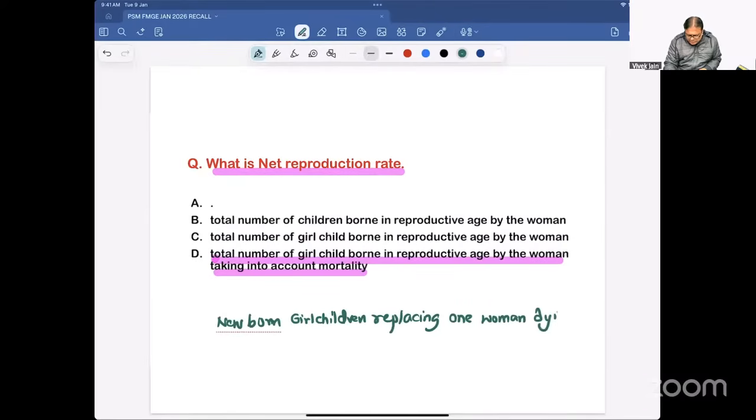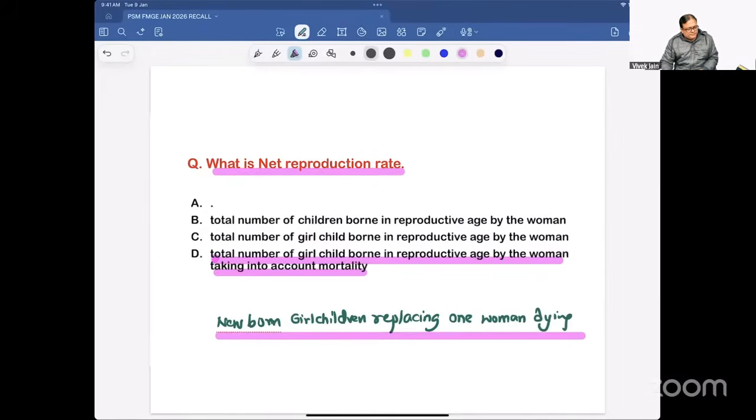Both are the same correct answers. You have to tell me which was given. Okay, mortality was not there. Was any such language given? A woman who is dying is replaced by how many newborn girl children? If such language was there, that is also net reproduction rate.